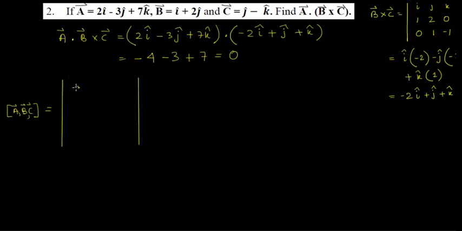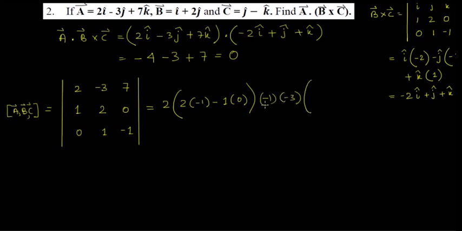The components of A are 2, minus 3, 7, then B is 1, 2, nothing for k, and here you have a 0 because there is no i cap component, plus 1, minus 1.